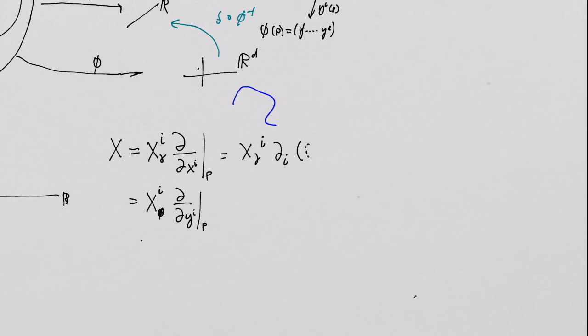This empty slot here is this missing slot here, composed with the mapping, the inverse mapping, right? The inverse mapping gamma, and it's evaluated at gamma of p.